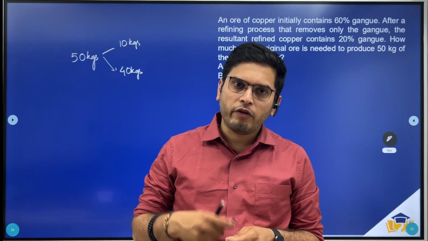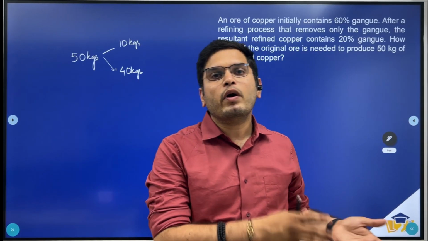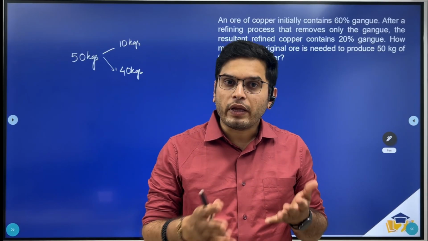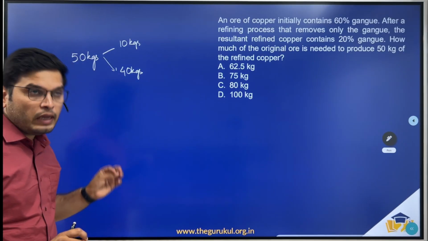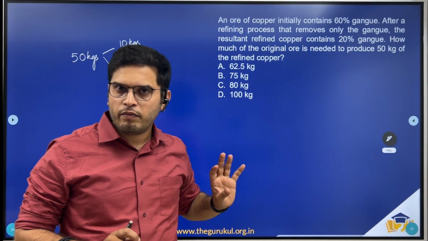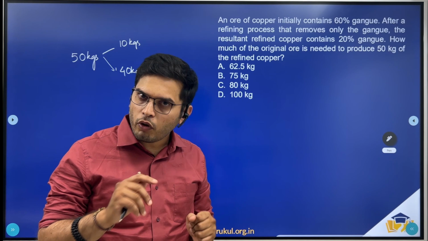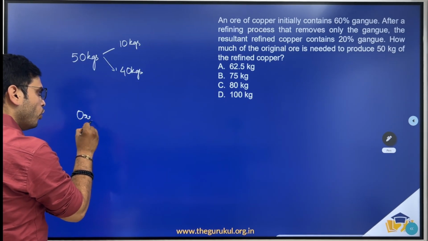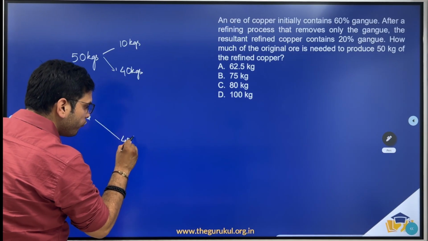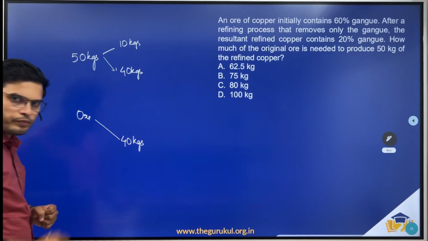No, right? In the refining process, the amount of impurities will reduce, but there will not be any change in the quantity of copper, right?